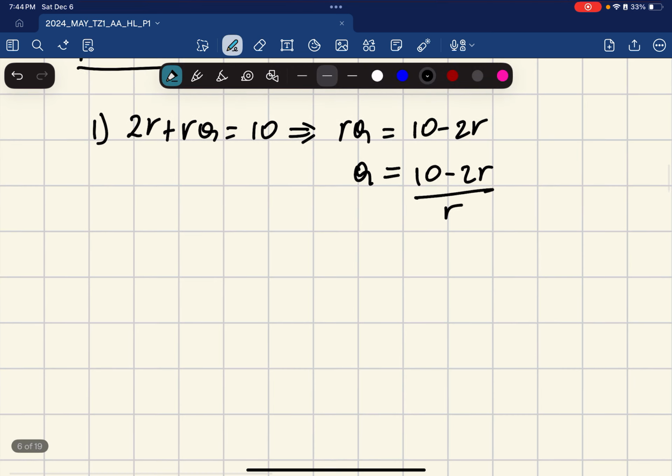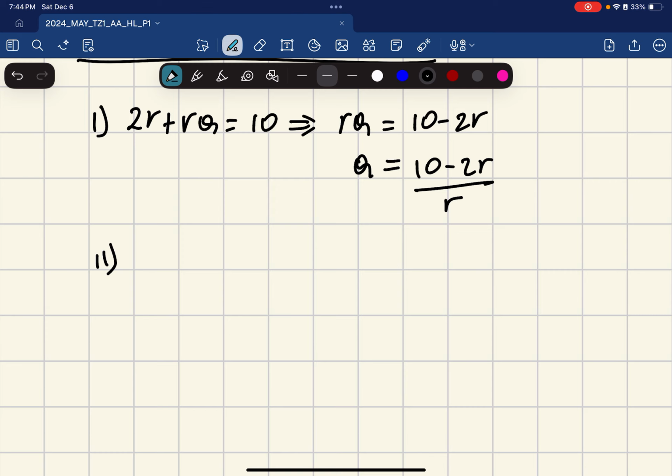And my second equation was half r squared theta is equal to 6.25. Once again, I'm going to be writing it in terms of theta. So I'm going to multiply both sides by 2 to get rid of the 1/2.